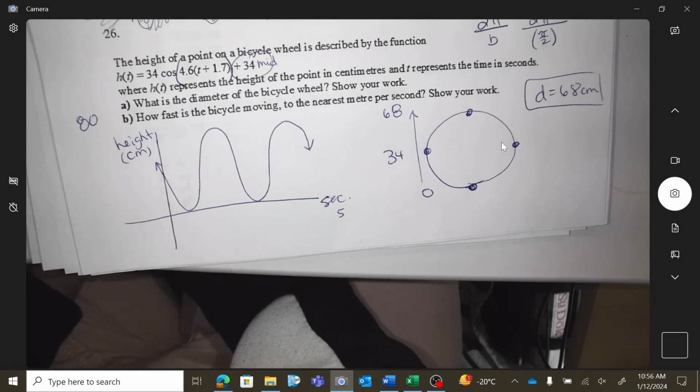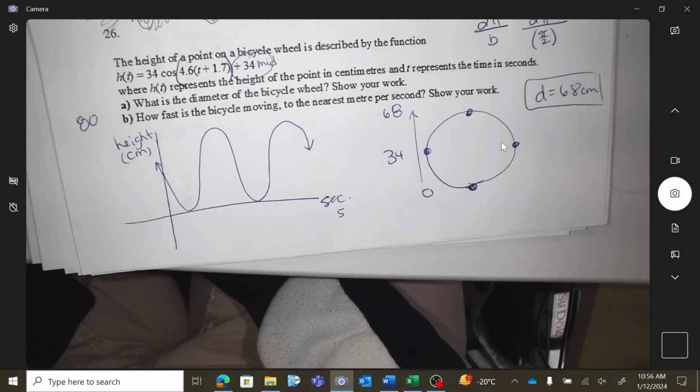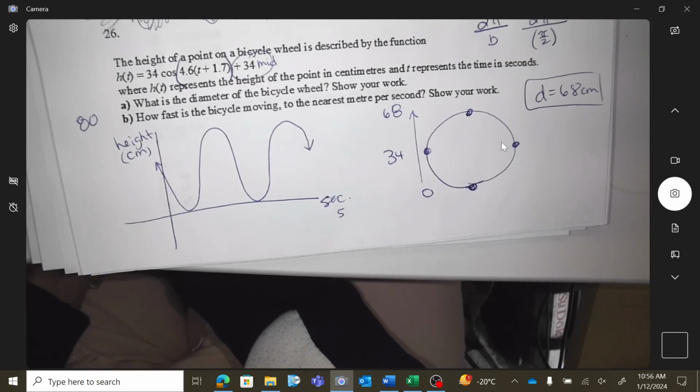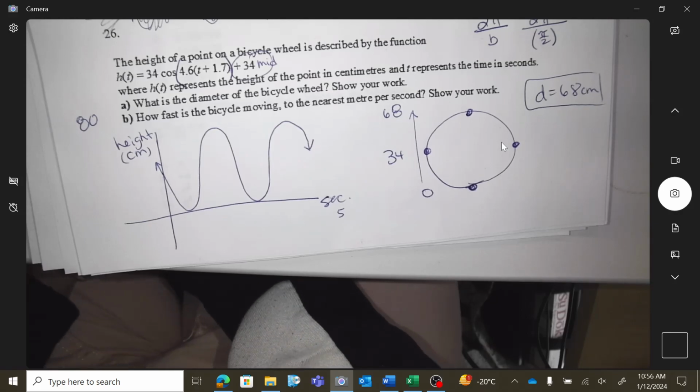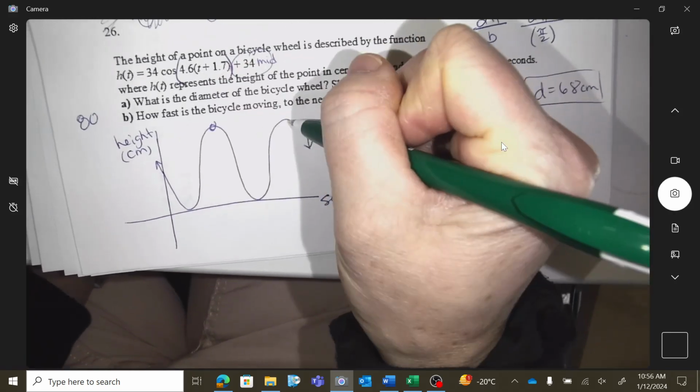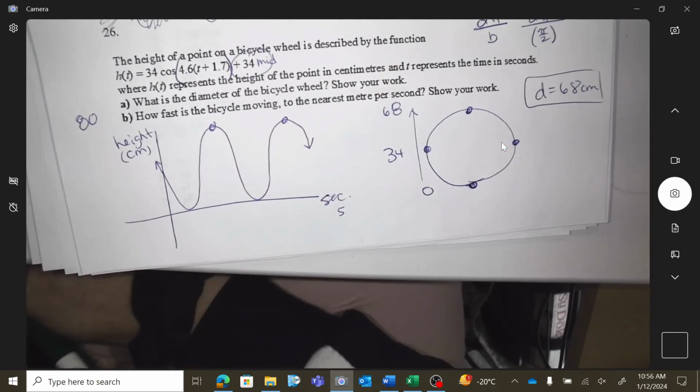Okay, I like this question because we're going to put some design measurement into this problem solving. You ready? It's going to get problem solving on you. How long does it take me to go around my wheel? Do you want to do a top to a top, or do you want to do a 2 pi over b?